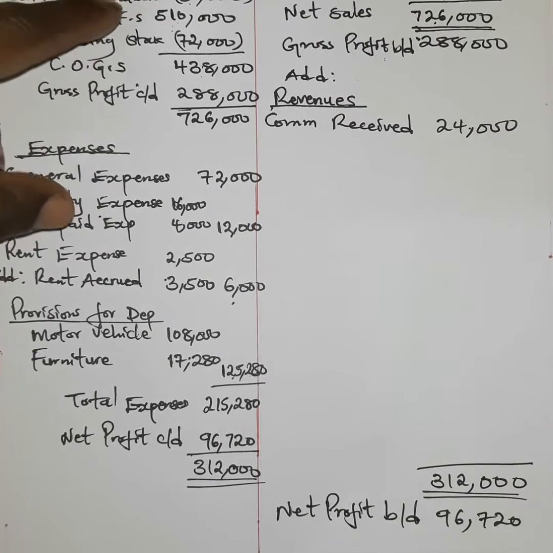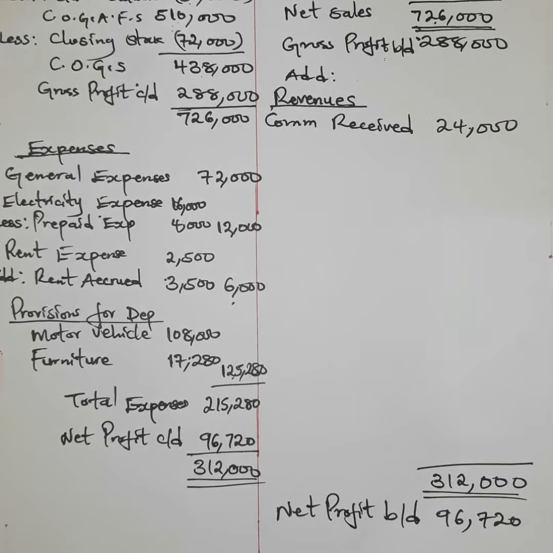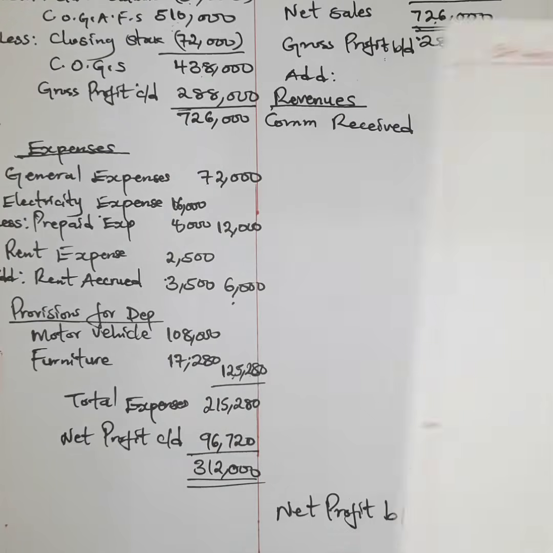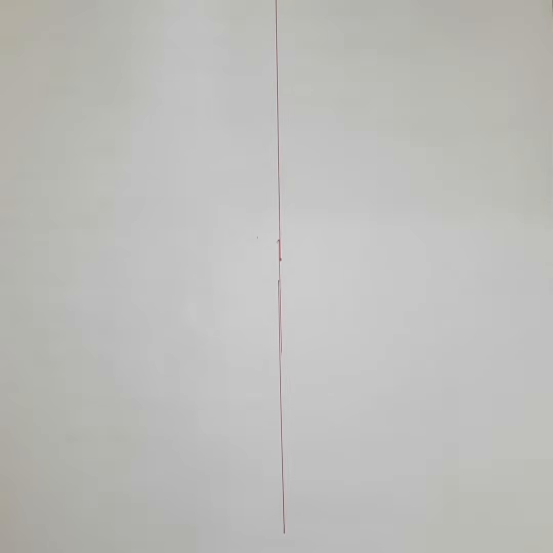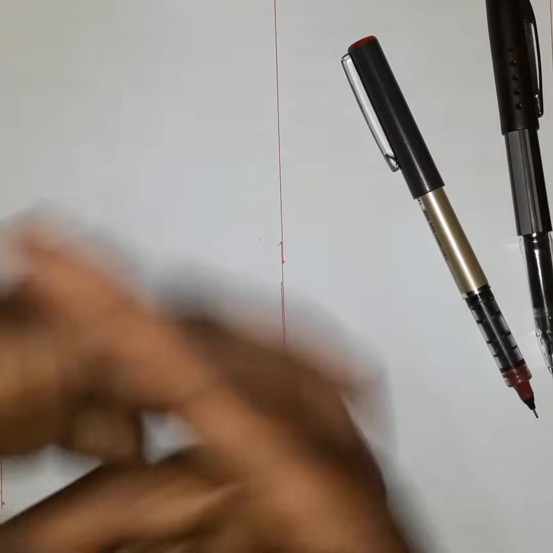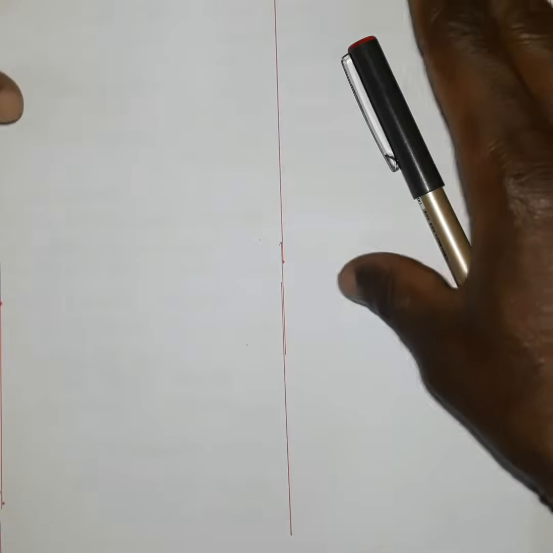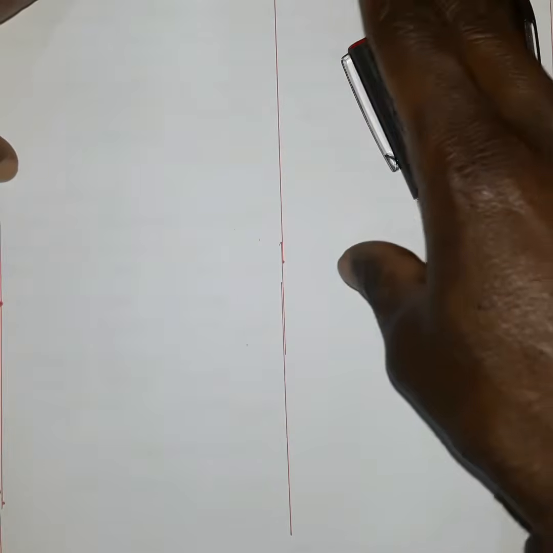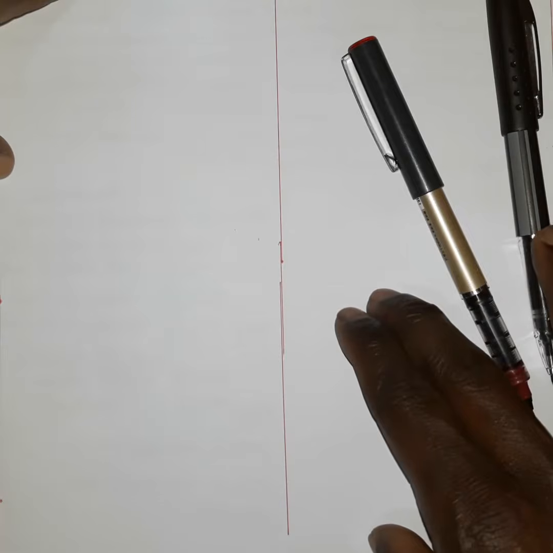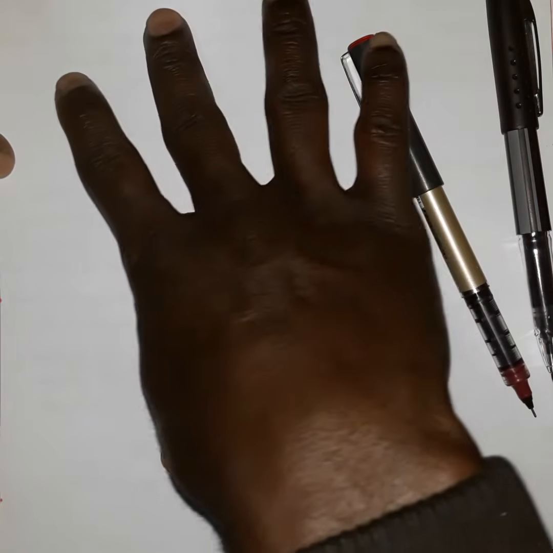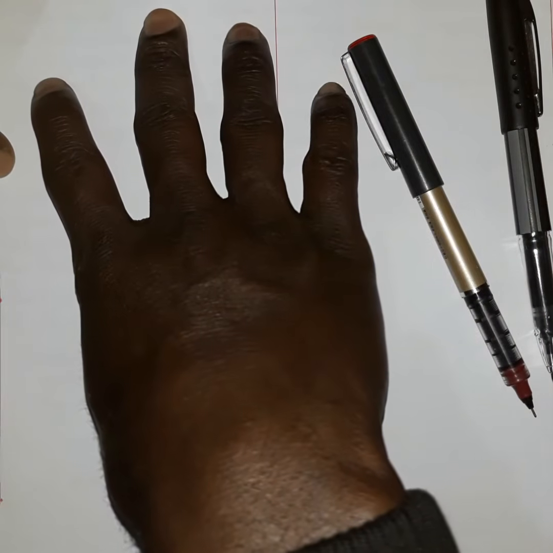Now I want us to go to the next step: determining the balance sheet, or the statement of financial position. A typical balance sheet will normally follow the bookkeeping equation, whereby we have the capital and liabilities on the credit side and assets on the debit side.